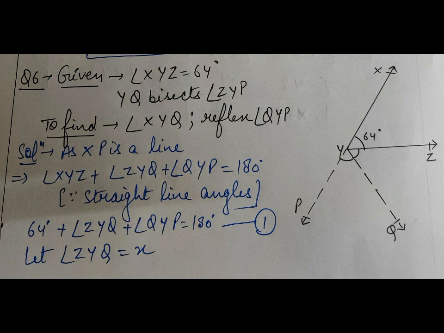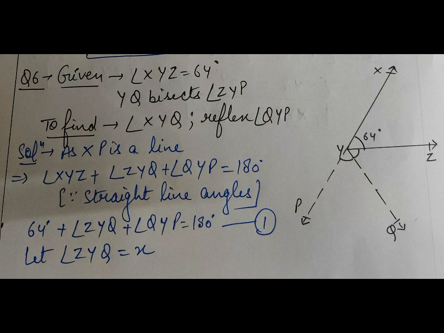So first of all you can see that I have drawn the figure according to the given information. Given is angle XYZ is equal to 64 degrees, and then I have just produced XY to P as it is given in the question, and then given is YQ bisects angle ZYP. Now we have to find angle XYQ and reflex of angle QYP.